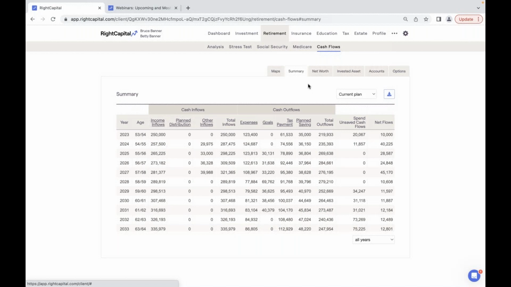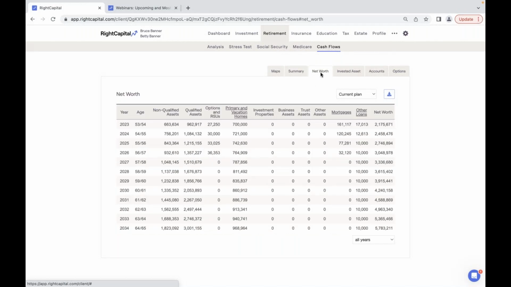But before we go any further, I'll just remind everyone that there are options in this plan to also view other areas of the cash flows. Things like the net worth will tell us breakdowns of qualified and non-qualified assets, maybe some stock options or RSUs from a stock plan. We also can see breakdowns of primary homes and vacation homes, liabilities like mortgages, business assets, investment properties, trust assets.